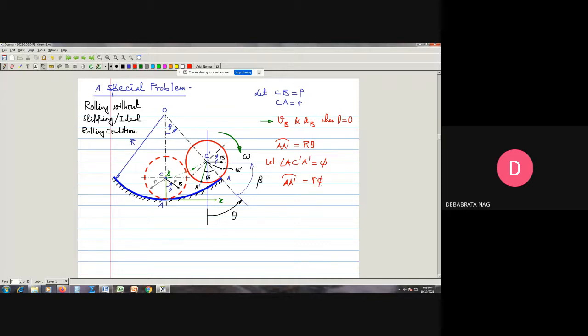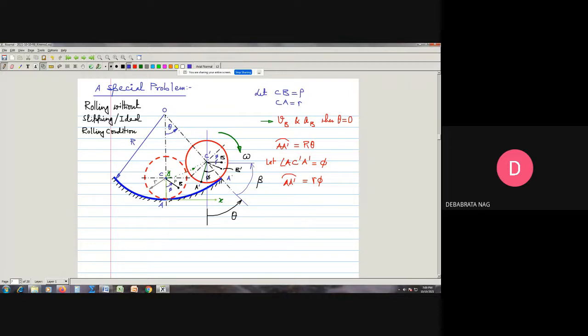It becomes equal to small r into phi, because we have assumed the radius of this body to be small r. As far as perfect rolling, or rolling without slipping, is concerned, this is the translational part that the rigid body is having. The point A is moving to this position.